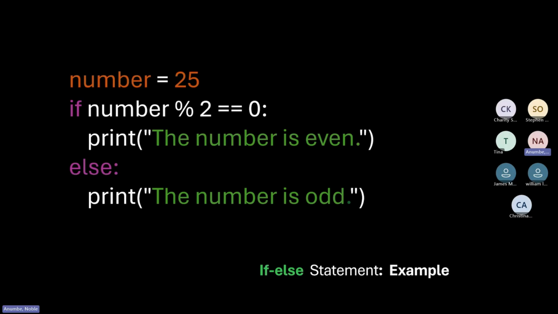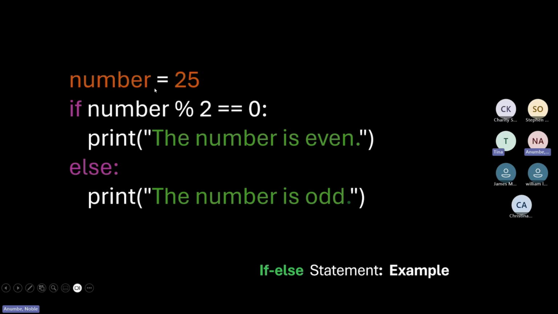Let's say this number is 25. 25 divided by 2, what is it going to give us? It's going to give us 12, remainder 1, correct? So that remainder 1 is what is going to land here. Make sense? So that's what the modulus operator does.